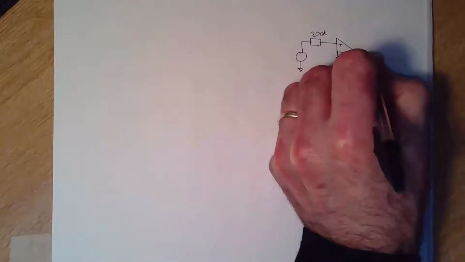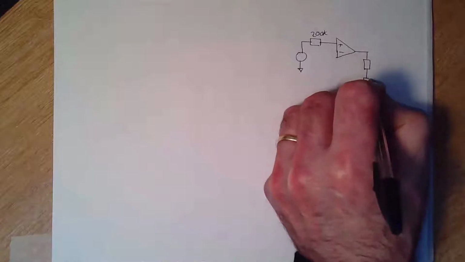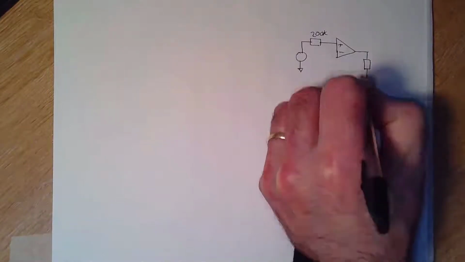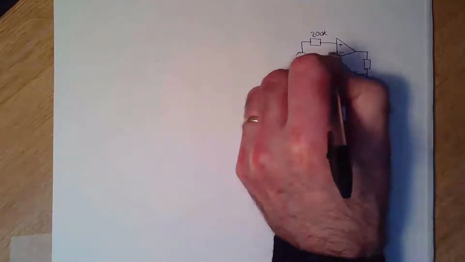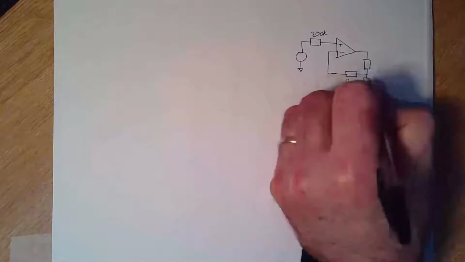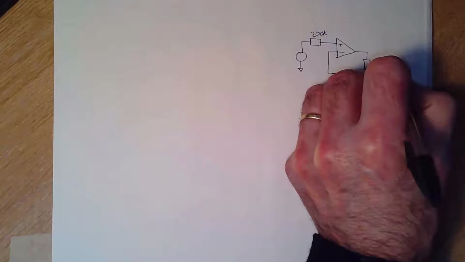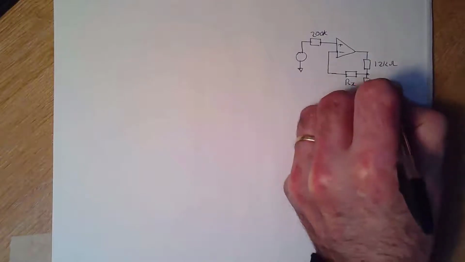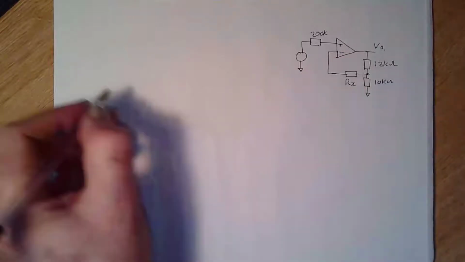On the inverting input we have two feedback resistors and a series resistor Rx. The top feedback resistor is 12 k ohms and the bottom feedback resistor is 10 k ohms, and we have an output.